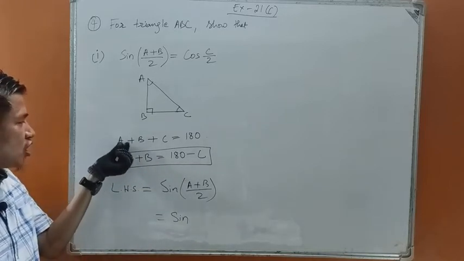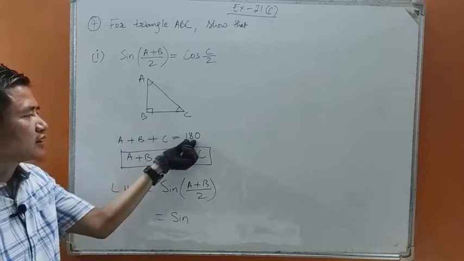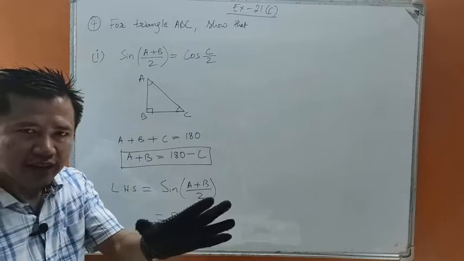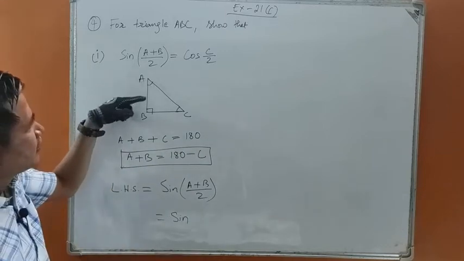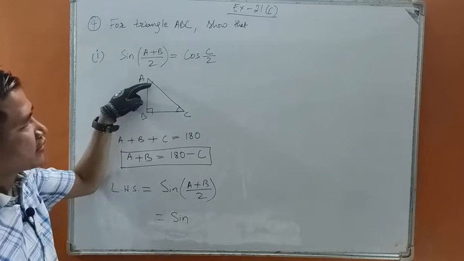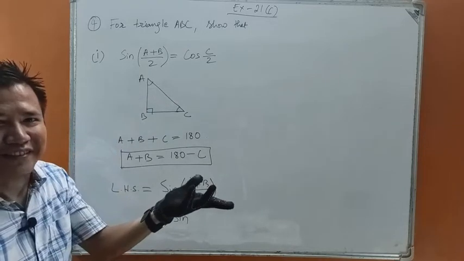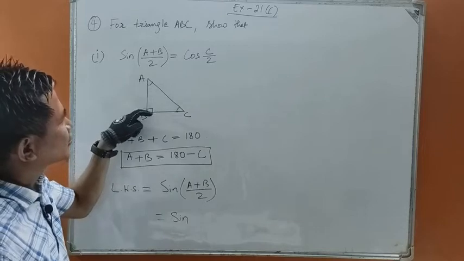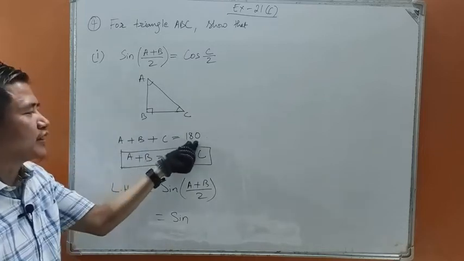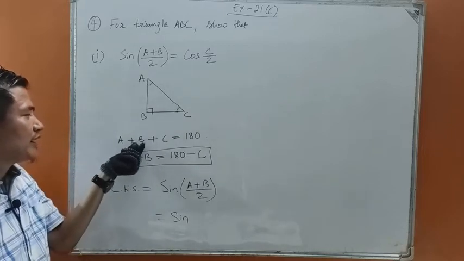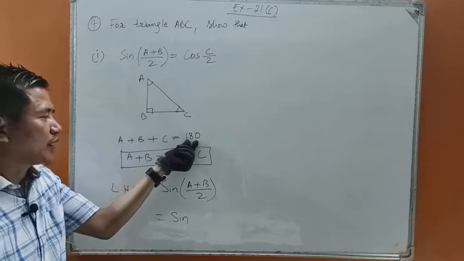Because sum of all the angles of a triangle gives us 180 degrees for any triangle. If you add all the angles of a triangle, a triangle has 3 angles, isn't it? If you add all the 3 angles of a triangle, you get 180 degrees. So angle A plus angle B plus angle C is 180.